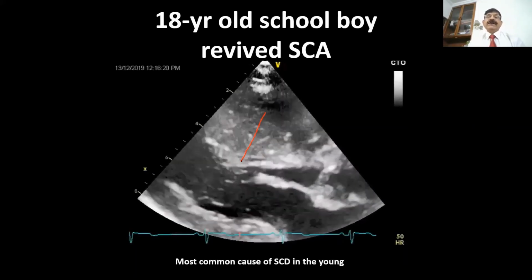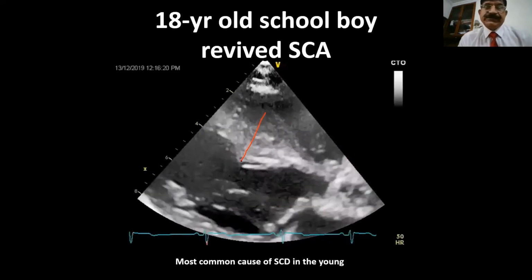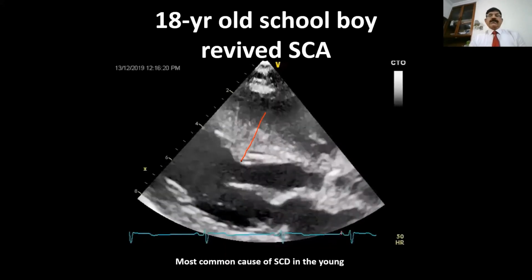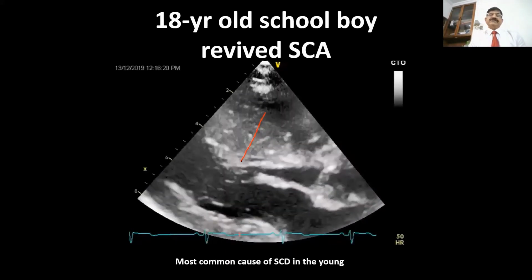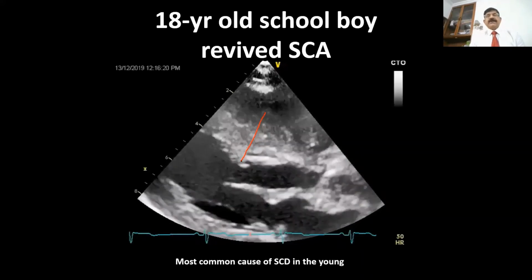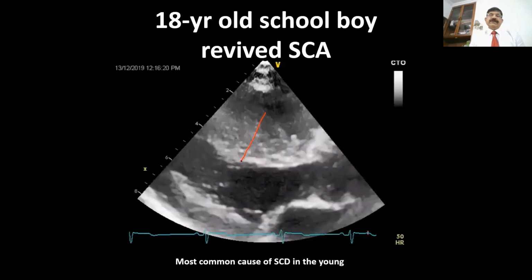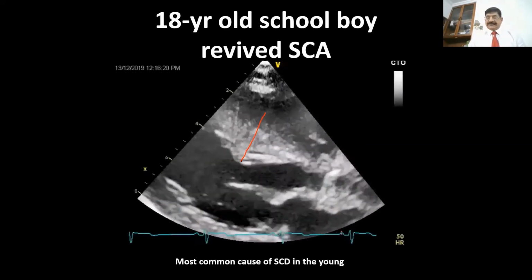Now, when I take you further, I will tell you what is the meaning of this picture by echo. But in short, such people have a genotype which is positive for one of the sarcomeric proteins. Family history is available, and these people are at a risk of sudden cardiac death.